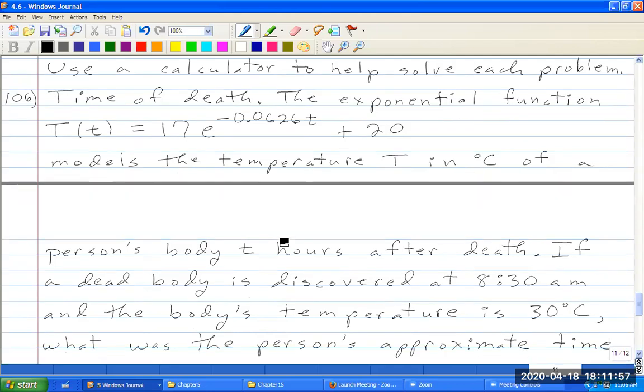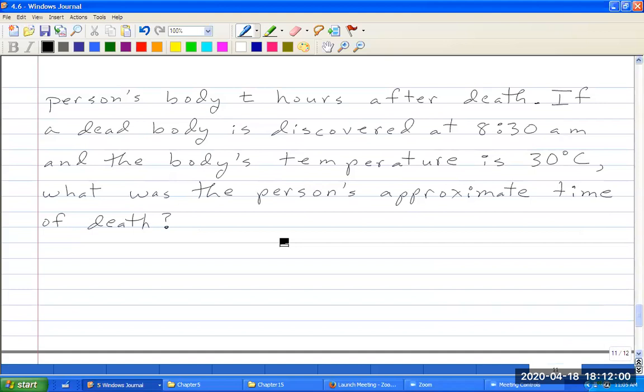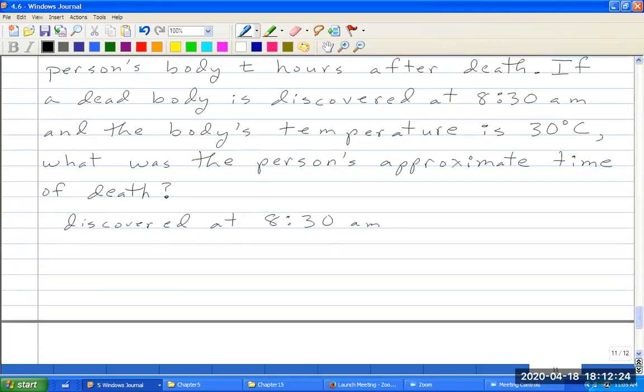If a dead body is discovered at 8:30 a.m. and the body's temperature was 30 degrees Celsius, what was the person's approximate time of death?